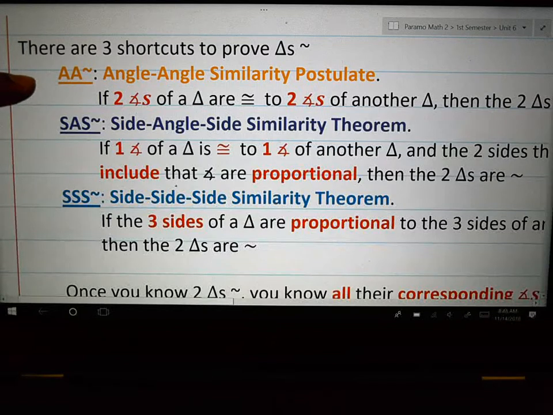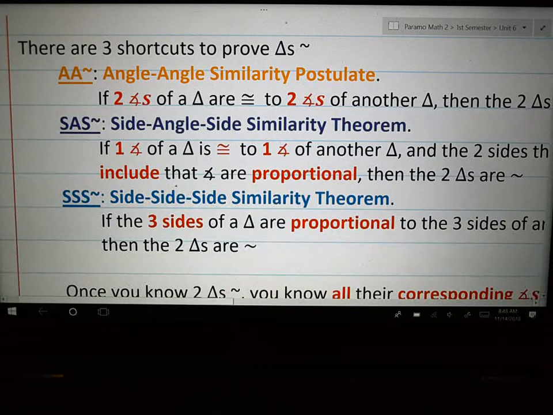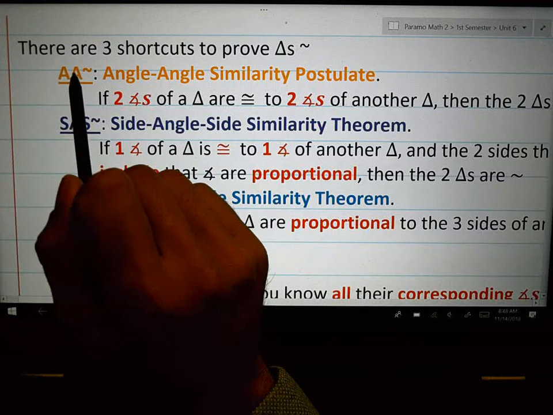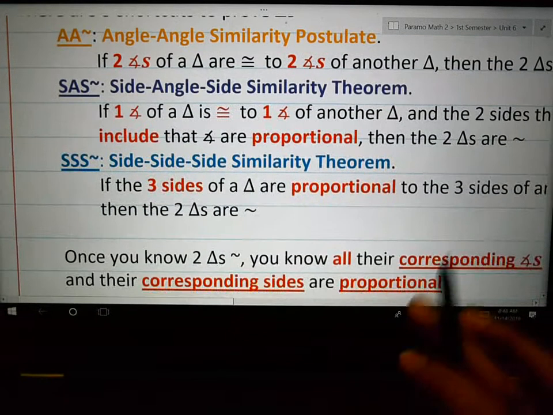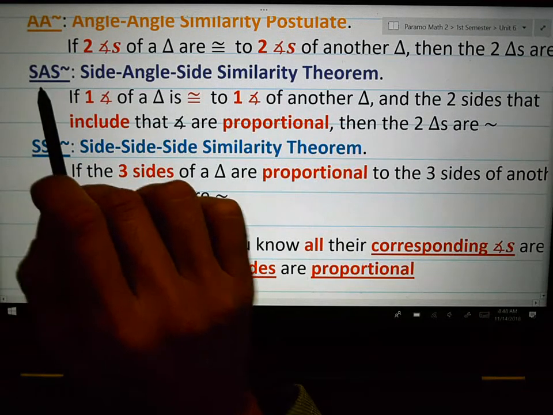By the way, if you saw angle-angle-angle similarity, that would also work if there are three angles. But you only need a minimum of two angles in both triangles for it to work. The second way is something called SAS Similarity Theorem.